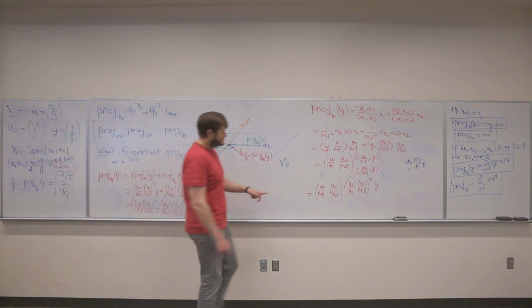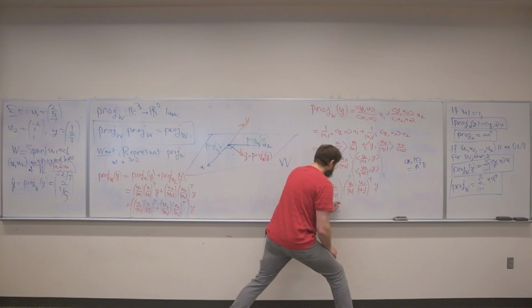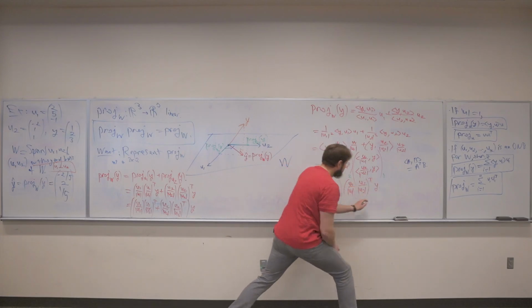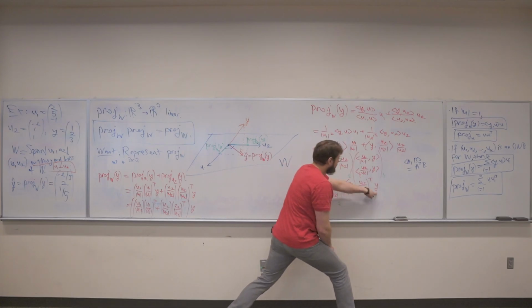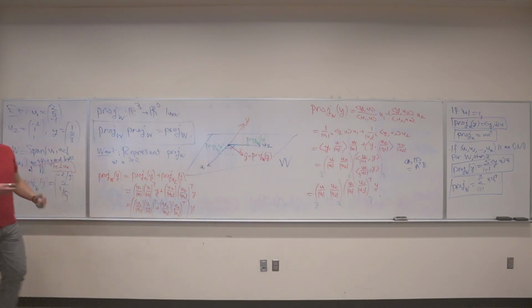Again, let's look at the dimensions. This is the same thing as this. This is 3 by 2. Consequently, its transpose is 2 by 3, and y is a 3 by 1. Everything matches. Okay?